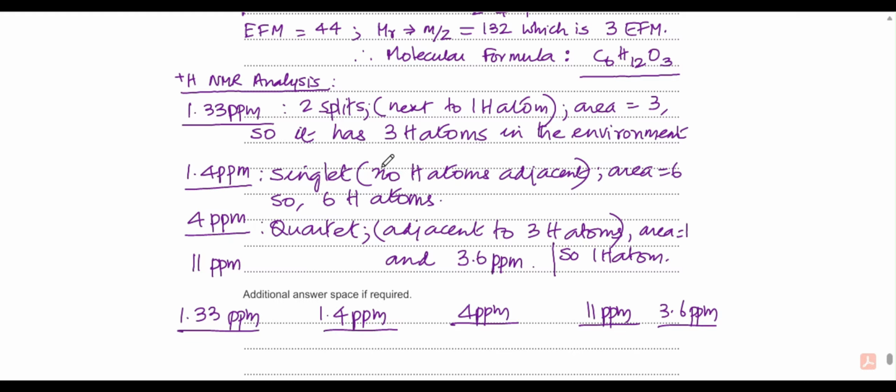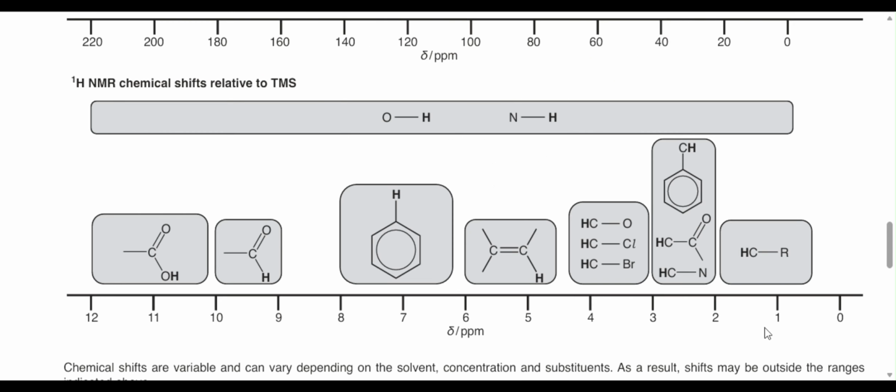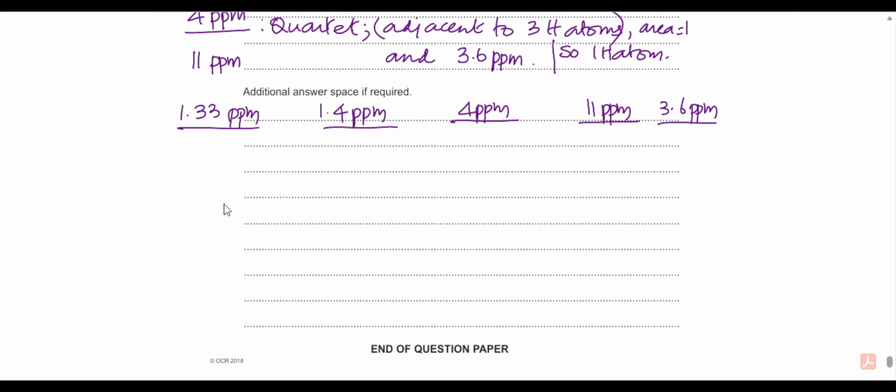So the 1.3 ppm chemical shift represents 3 hydrogen atoms in the environment and next to 1 hydrogen atom. So referring to the data sheet, both 1.33 and 1.4 ppm have RCH groups. So let us write CH3 CH.